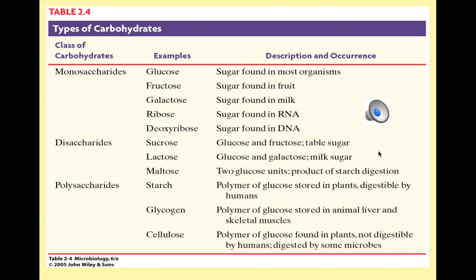So cellulose is the cell wall material of plants that we use for fiber in our diets, but animals like cows and other ruminants can actually break down and use for food, again releasing those glucose molecules as energy stores.